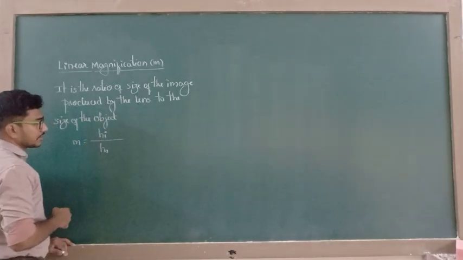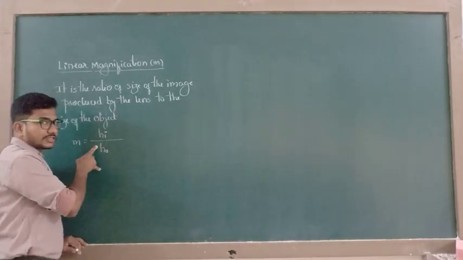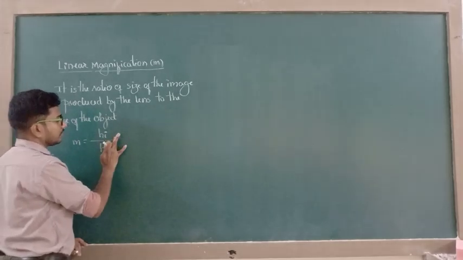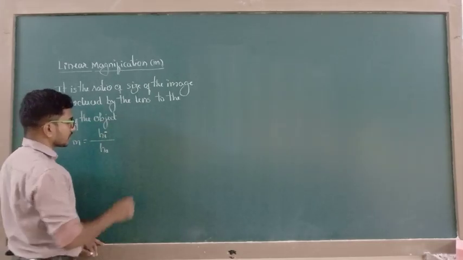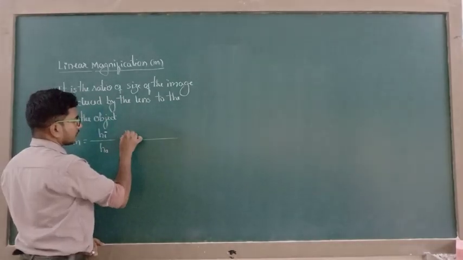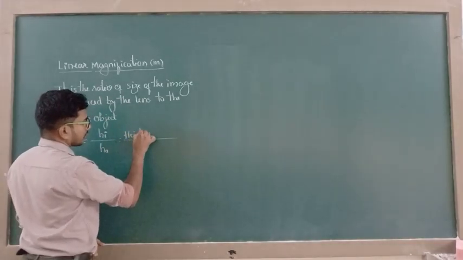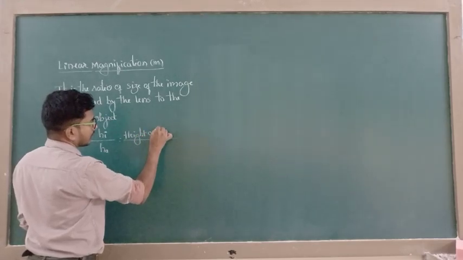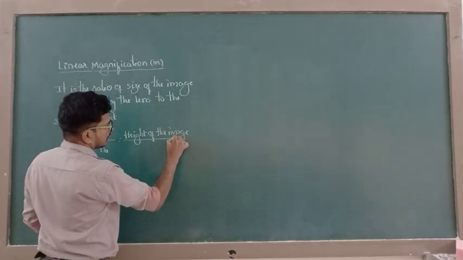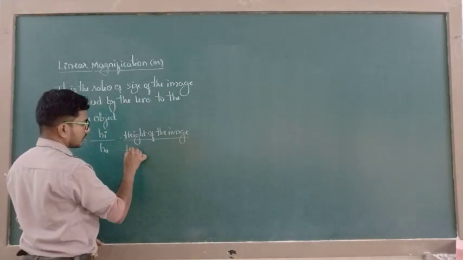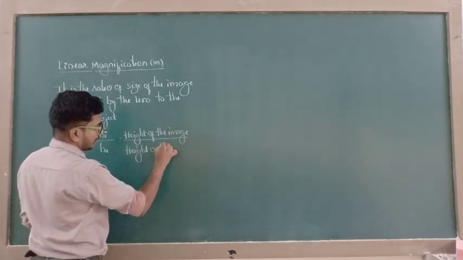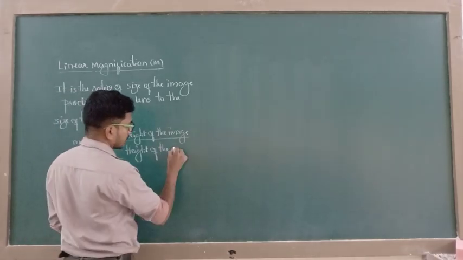H subscript I represents height of the image, H subscript O represents height of the object.